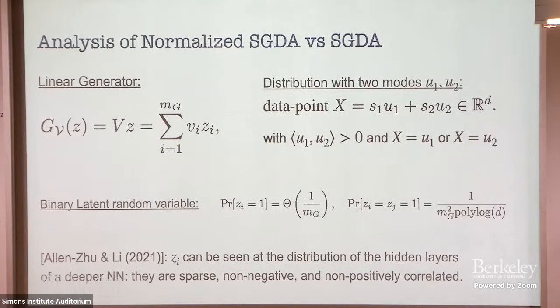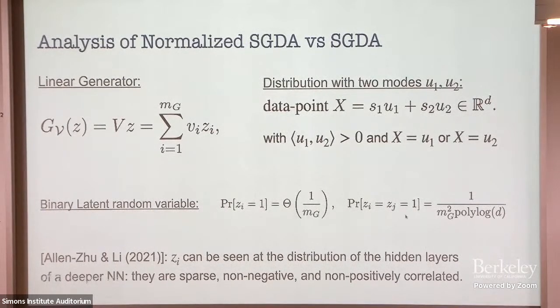And so what we did is a preliminary analysis comparing normalized SGDA versus SGDA in the context of a GAN that is already quite challenging. We had a linear generator where what you want to learn is the weights VI. The ZI are sampled binary latent variables that are sparse, non-negative, and non-positively correlated.